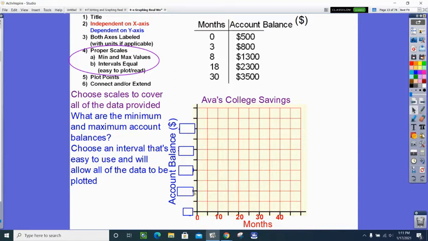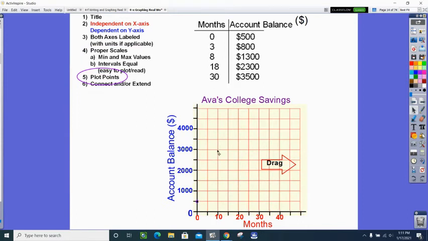Are you with me? So I chose to go by 500 each block. So 500, 1,000, 1,500, 2,000, 2,500, 3,000, 3,500, 4,000. You don't have to write the numbers on each one, but if you find yourself messing up, feel free to do it. Okay. Now, once I've got that, I'm going to head to plotting these points.